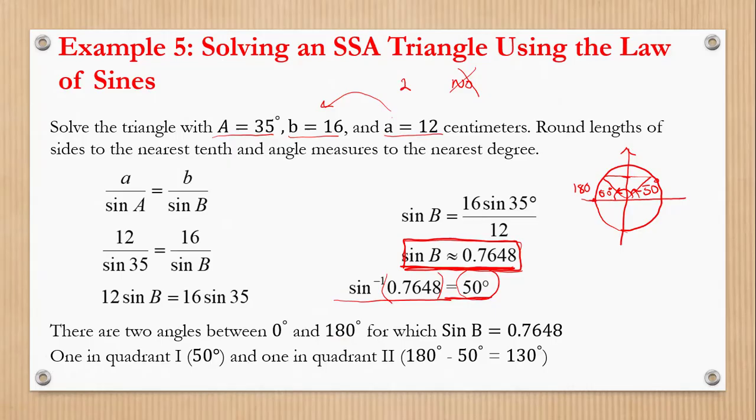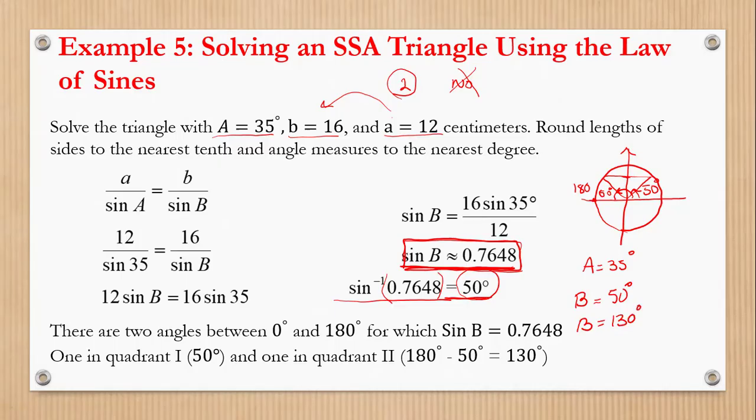That's why we said if A is less than B, we may get two triangles. So far, I have two answers for angle B, which tells me I may have two different triangles, both of which work with this information. Right now, you know angle A is 35 degrees, but angle B can be 50 degrees or it can be 130 degrees.